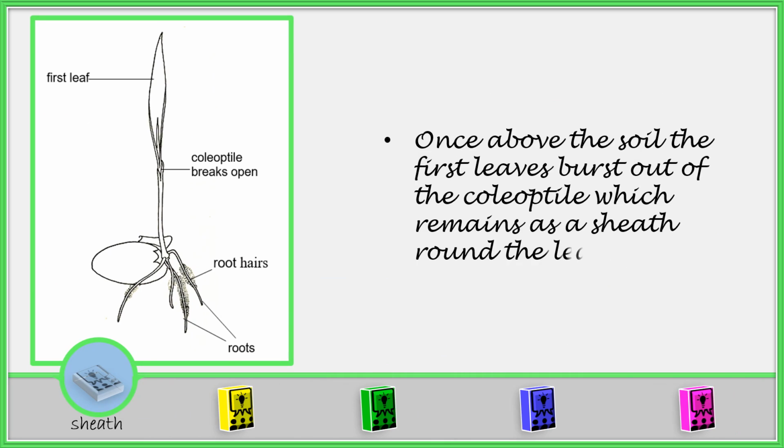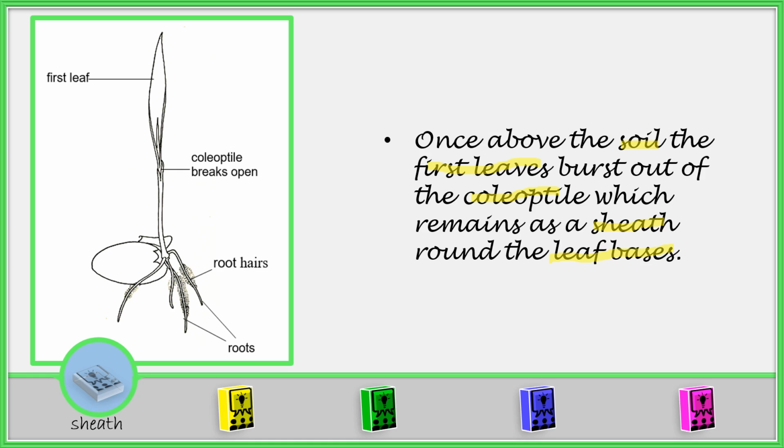Once above the soil, the first leaves will burst out of the coleoptile, which remains as a sheath around the leaf base. So our coleoptile now is out of the soil.